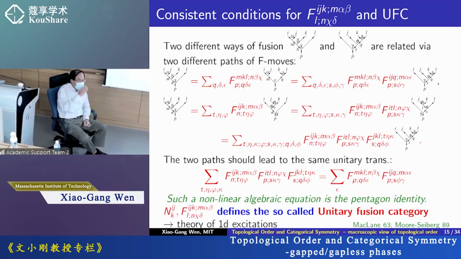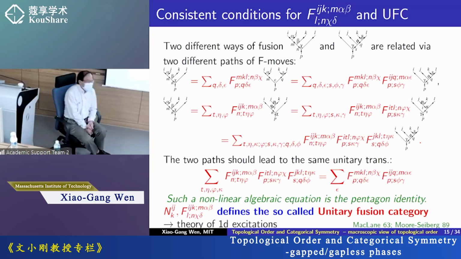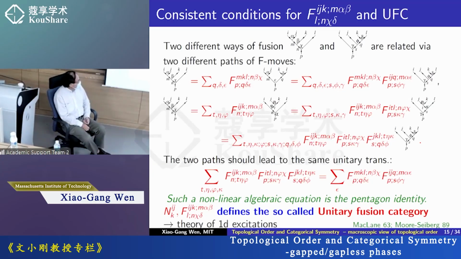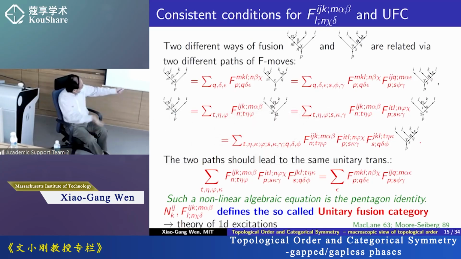In known examples, do you really solve this pentagon equation, or do you just calculate them from the V alpha? Which one is practical? You ask very good questions. It's making me feel like I'm doing all this for nothing. This theory is set up, but at the moment it's useless. We cannot solve it. It's just a nonlinear algebraic equation.